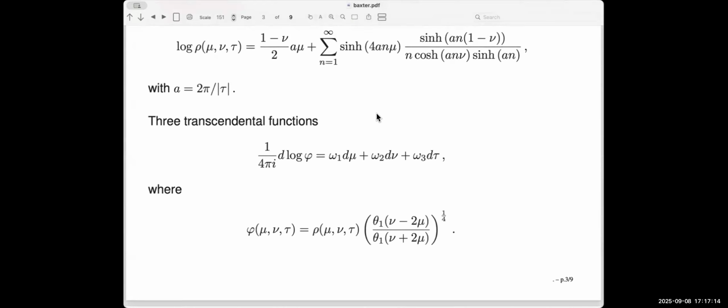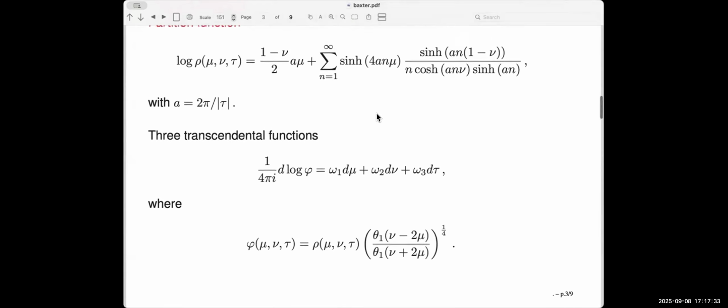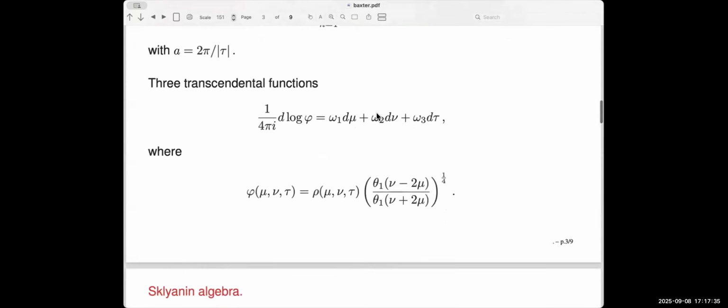And also some algebraic construction, but in this algebraic construction only elliptic functions will be involved. So from that point of view, we will see that it's really algebraic.